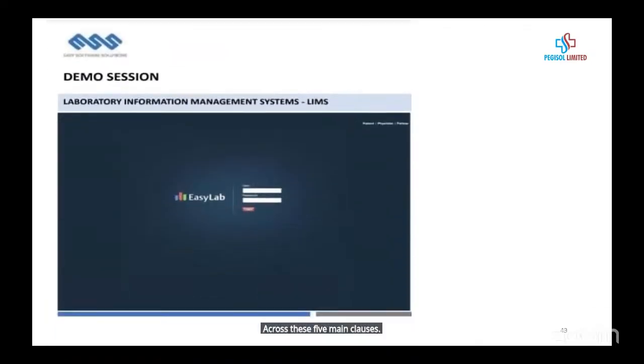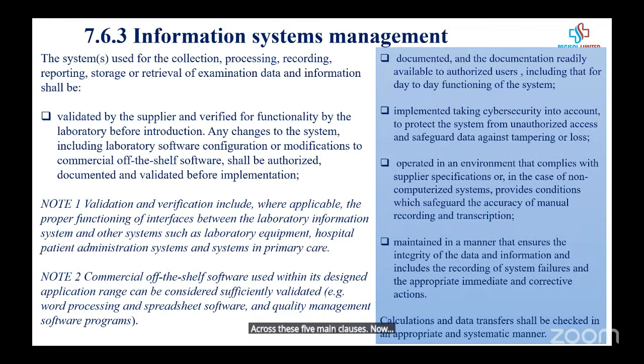Now, the system shall be maintained in a manner that ensures the integrity of the data and information and include the recording of system failures and appropriate immediate and corrective actions. Calculation and data transfer shall be checked in an appropriate and systematic manner.